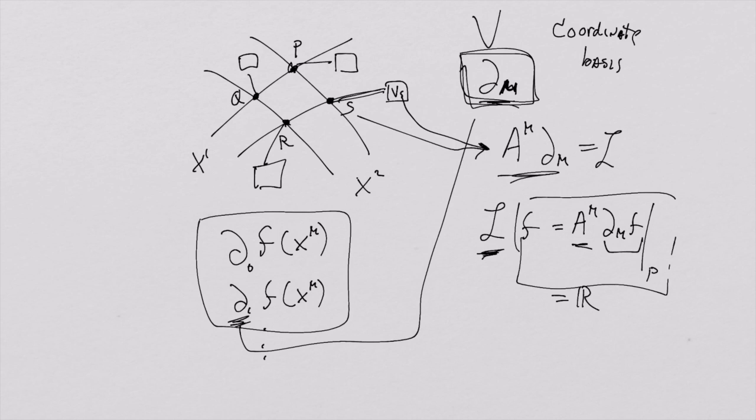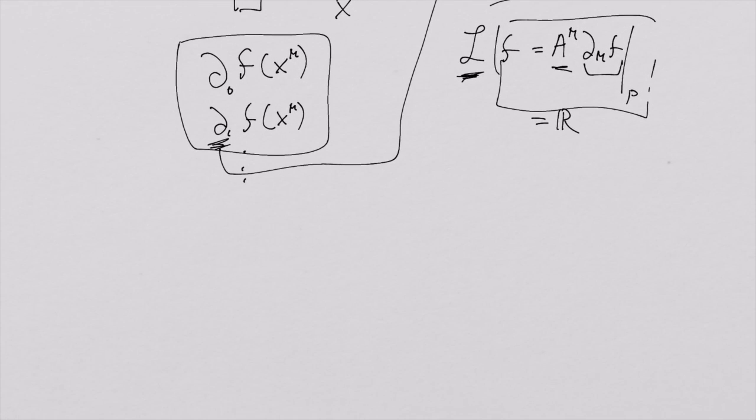So what about establishing the dual? What about V star? Let's have a look at that. I don't need to erase anything, I'll just move it. We've got V and its basis ∂_μ. So what is V star?